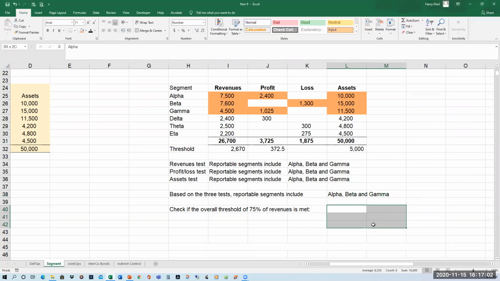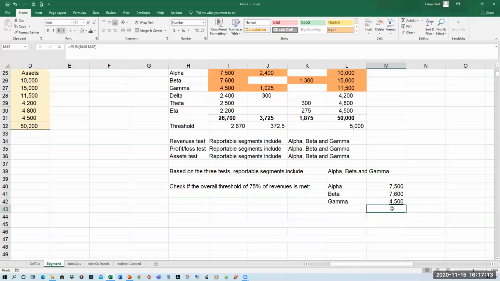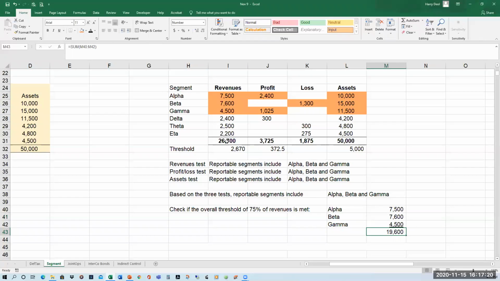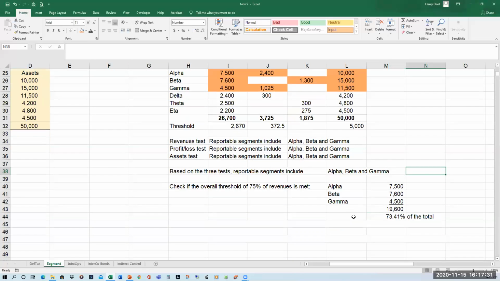Now, if you take a look at what their revenues add up to, alpha has revenues of 7,500, beta has revenues of 7,600, gamma has revenues of 4,500, which gives us 19,600. Now, if we calculate 19,600 divided by 26,700, we actually only have 73.41% of the total. This means our overarching requirement of 75% of total revenues being separately reported is not met right now.